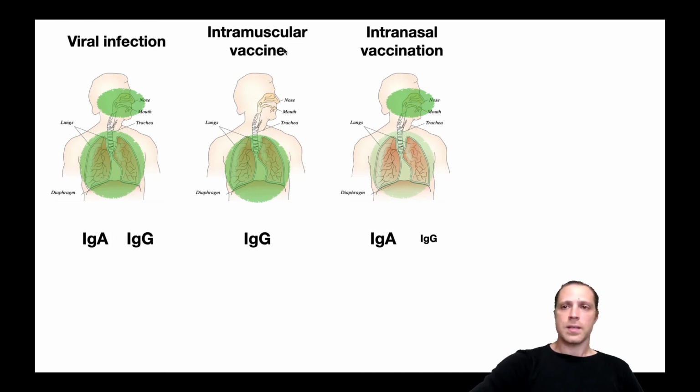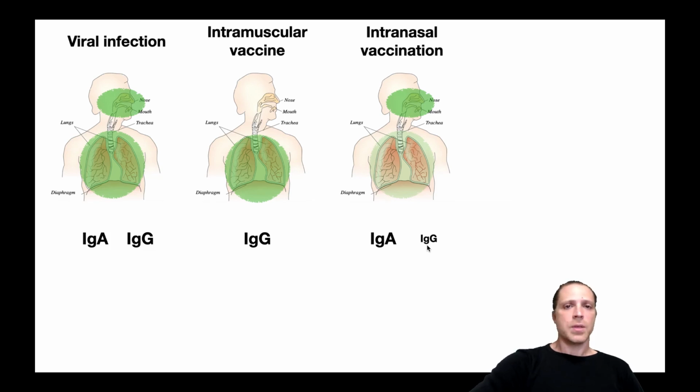Intramuscular vaccine, the type of vaccine that most individuals are now being vaccinated with, generates high levels of IgG antibodies in the bloodstream, whereas potentially developed intranasal vaccinations are expected to generate IgA responses in the mucus of the upper respiratory system and lower levels of IgG in the blood circulation.